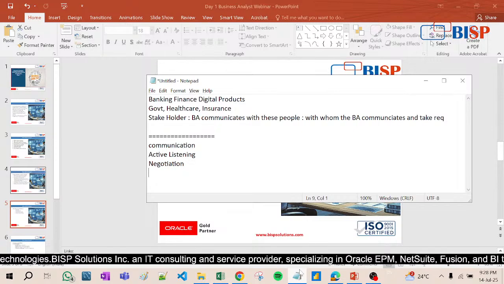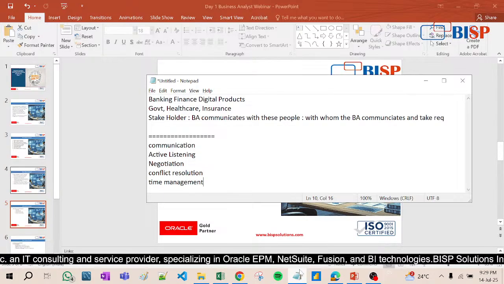So negotiation skills are also important. Then we will see conflict resolution and time management, right? Now conflict resolution means exactly what? In one of my projects I have seen this type of thing. The person was not using NetSuite in a proper way.